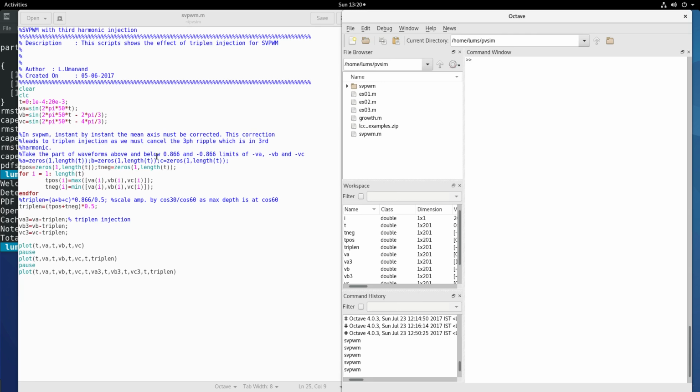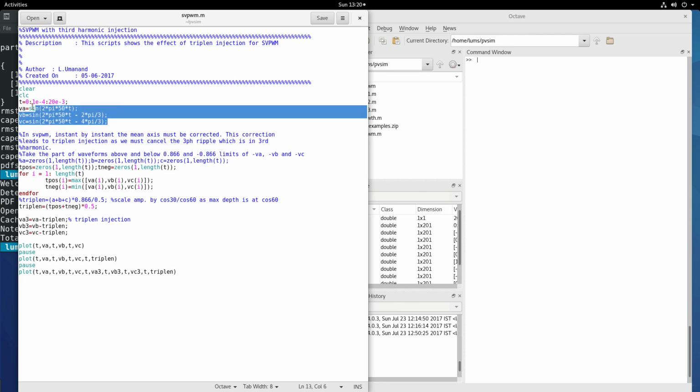So the third harmonic automatically gets into the picture, and because of that you get that extra mileage of 14% more fundamental as compared to regular sinusoidal PWM.